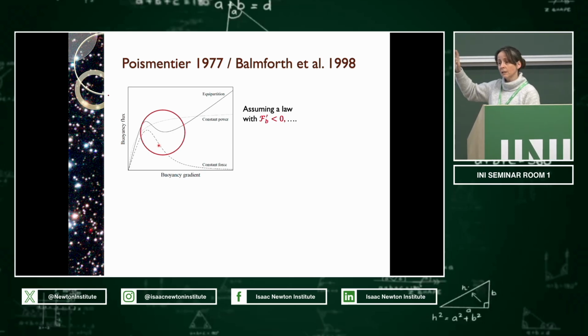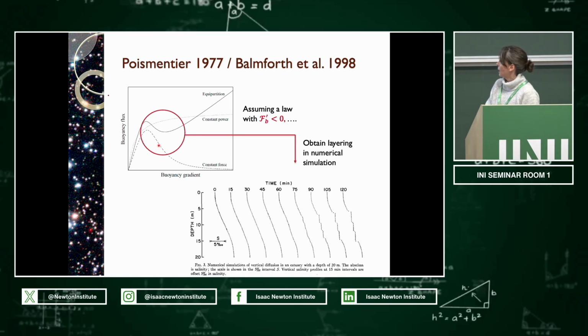What they did is they literally assumed a flux law that had that property, with different levels of complexity, and put that in a simple 1D numerical simulation and obtained indeed the formation of layers in the density field.